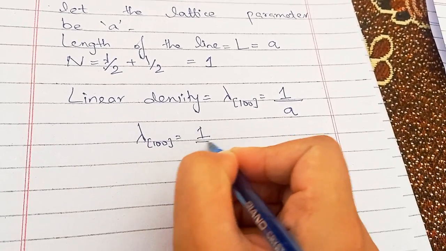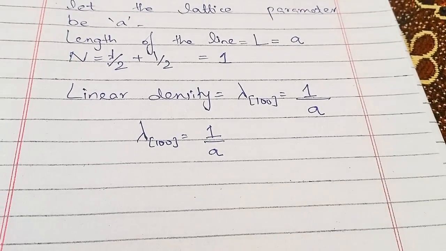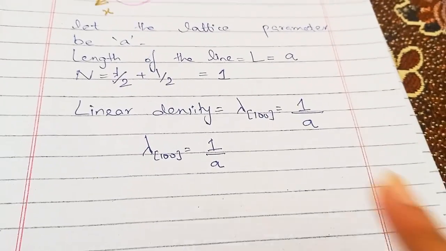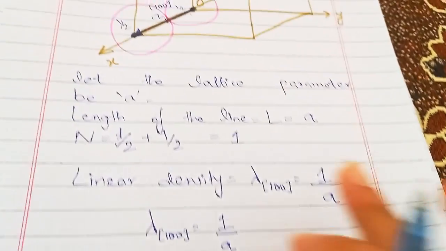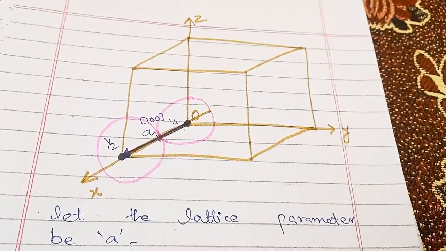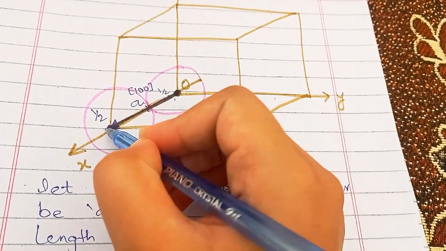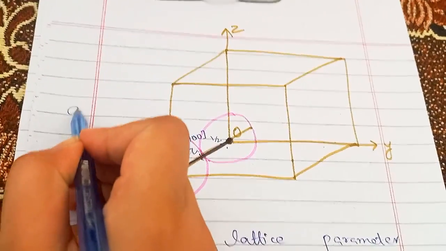If you want to calculate the linear density in terms of the atomic radius of the atoms making up the simple cubic unit cell, then you can use the relation between a and atomic radius for simple cubic structures, which is always true. Here you can see this whole length is a. You can easily find the relationship between the lattice parameter and the atomic radius.